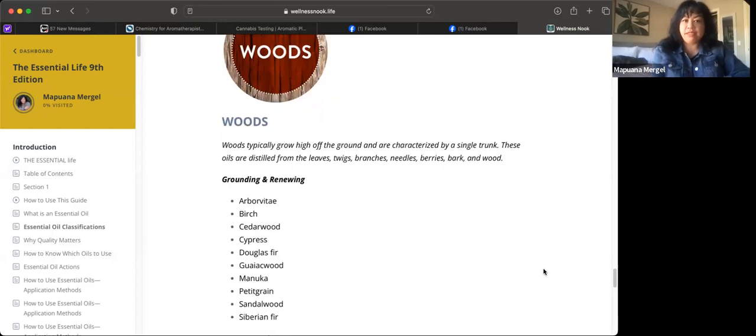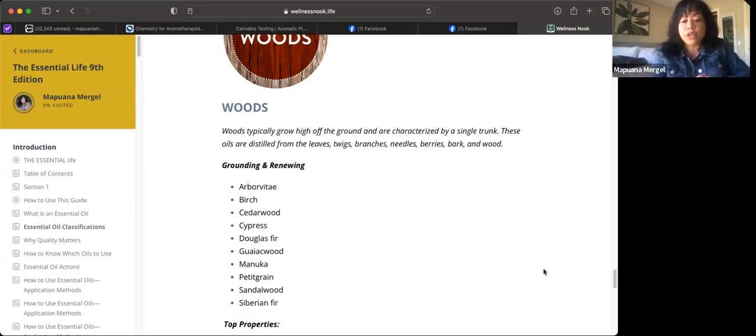Arbor vitae. That is such a deep, woody oil. Absolutely love it. Smells like a freshly sharpened pencil. Then we have birch, cedarwood, cypress, Douglas fir, guaiac wood, manuka, which is not available all the time, only occasionally, right? Petitgrain, sandalwood, and Siberian fir.